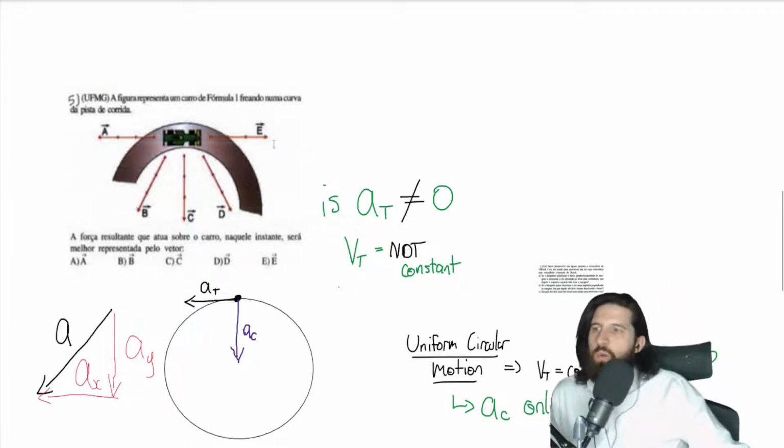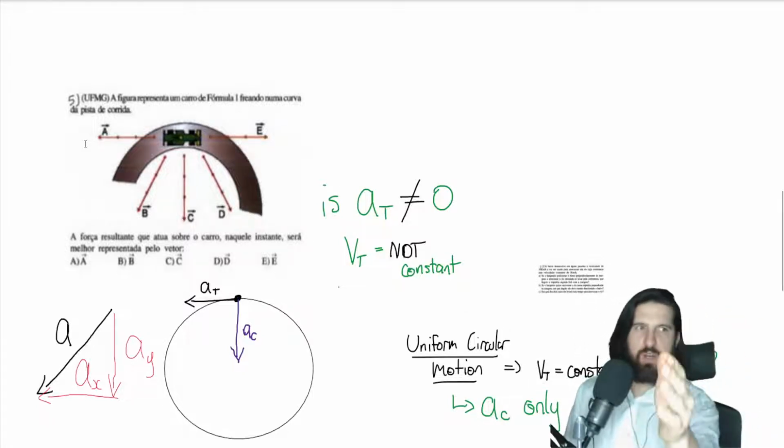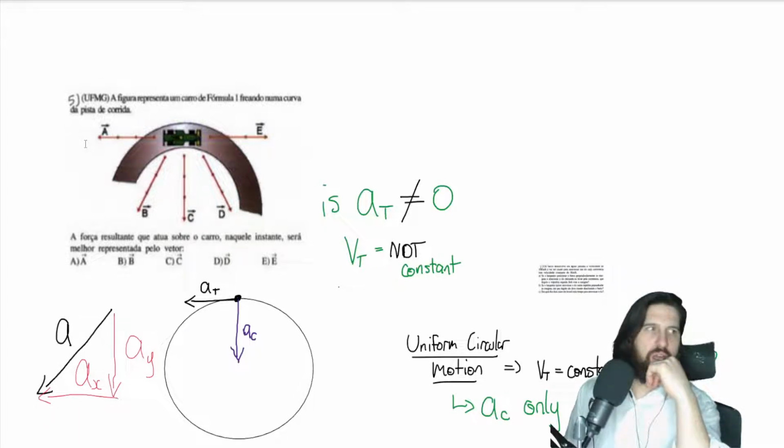If it was going at a constant velocity, that was a question that we had, right? And we said no, that it's not going at a constant velocity, that it's slowing down. So it makes sense. If this thing was going straight, then it would be A. Okay?